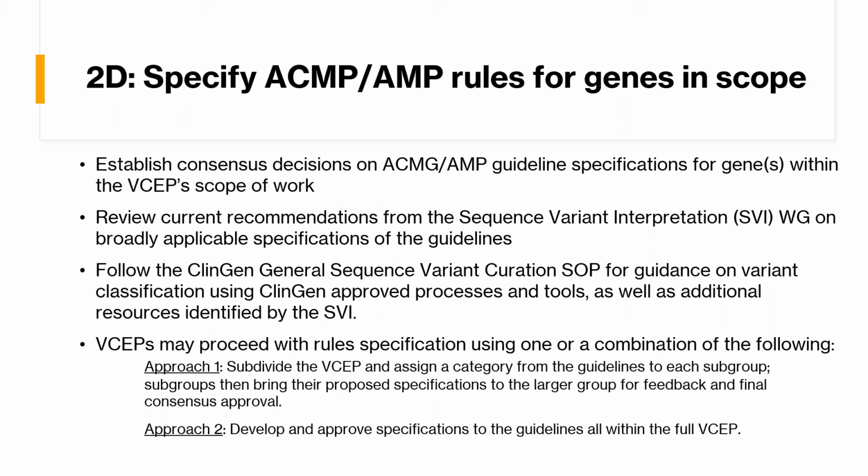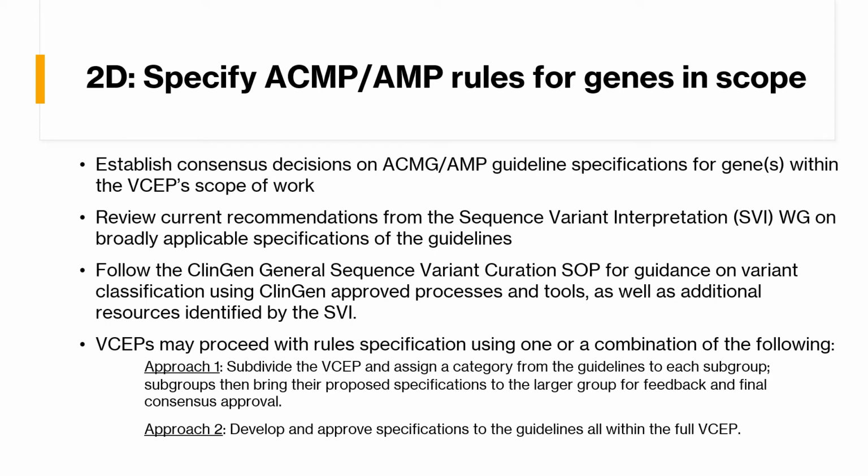One of the main tasks of the VCEPs is to develop disease gene specifications to the ACMG AMP rules, and then determine how those specified rules can be combined to classify sequence variants according to the 5 Mendelian classification criteria: pathogenic, likely pathogenic, variants of uncertain significance, likely benign, and benign. There are a number of resources available for VCEPs to refer to during this process, including general recommendations on the SVI webpage for using the ACMG AMP criteria that are intended to provide consistency in usage and transparency in classification rationale.